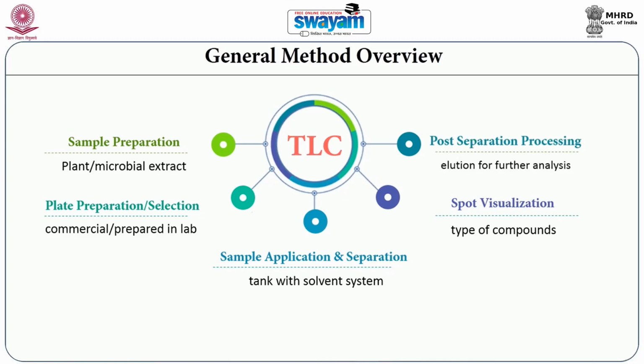So to give an example, when we are trying to separate different components of a molecule such as the high-density lipoprotein, we typically first do a TLC separation to separate the phospholipids from the cholesterol, etc. And then those phospholipids are eluted out and the fatty acid composition of the phospholipids can be further analyzed by gas chromatography.